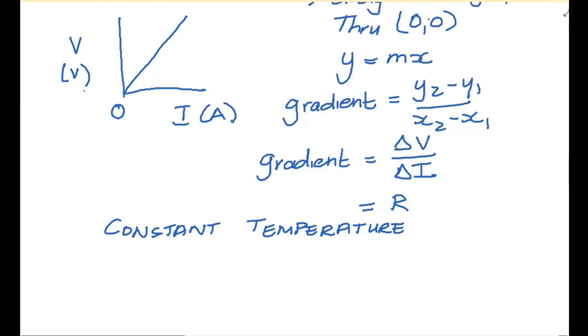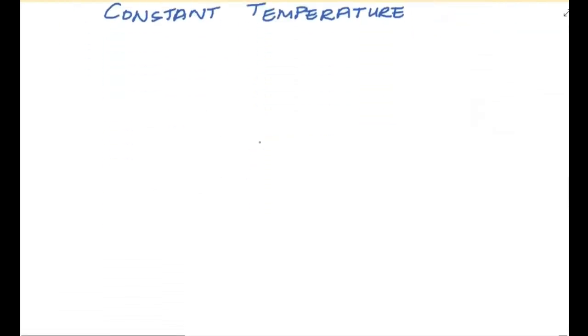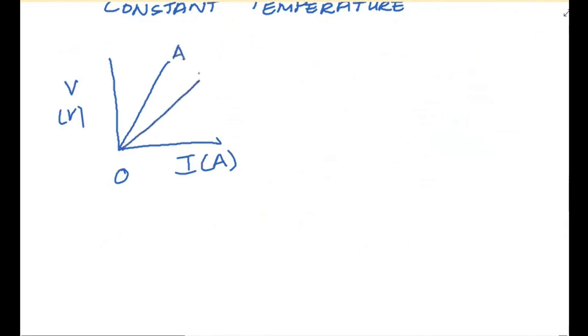So if I plot this graph, it allows me to get a straight line through the origin. And if I find the gradient of the V versus I graph, I've actually found the resistance. So just to give you an example of possible questions, if someone gives me a V versus I graph, and they give me two graphs, and let's say there's A and there's B, and they ask me to give some relationship between the resistance of A and the resistance of B, all I need to look at is the gradient of my line.